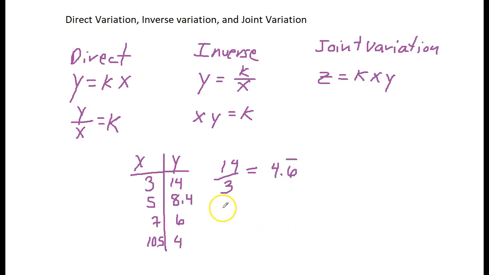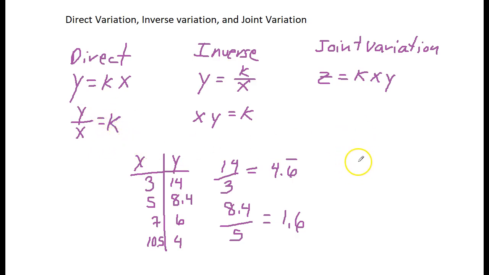Then I take 8.4 and divide it by 5. So take a calculator, push 8.4 divided by 5. I get 1.6. So what does this tell me? It's not direct. I don't have to keep going with all of these because they don't all give me the same k. Got to get the same constant k.